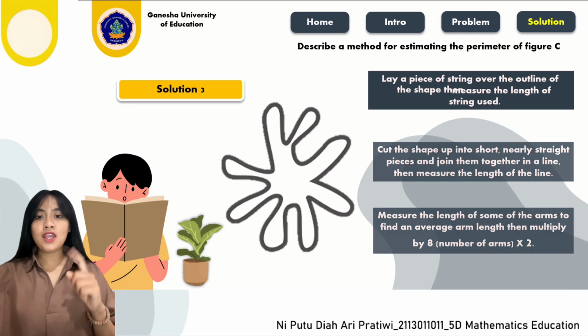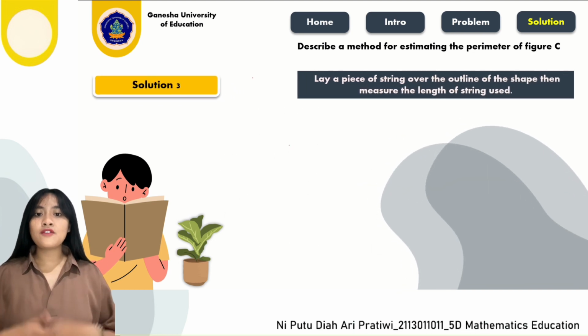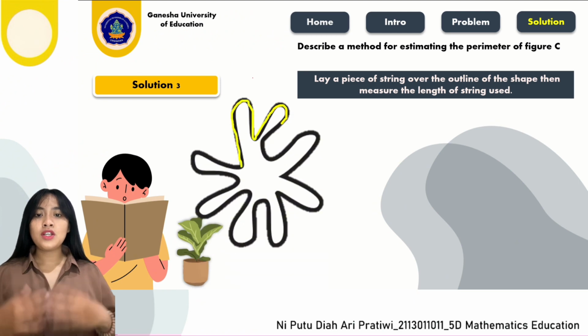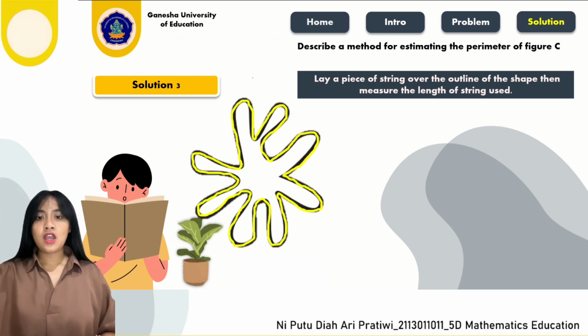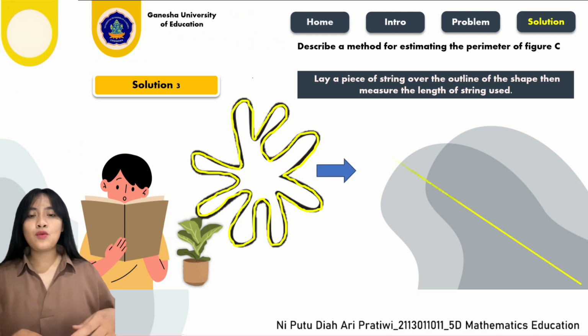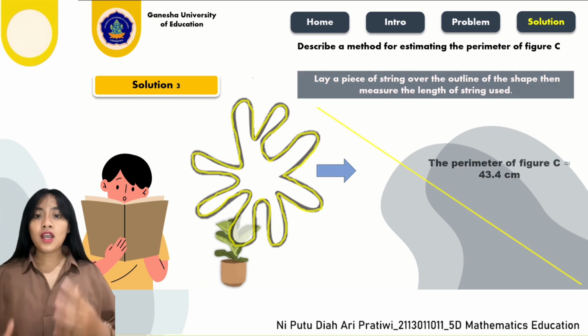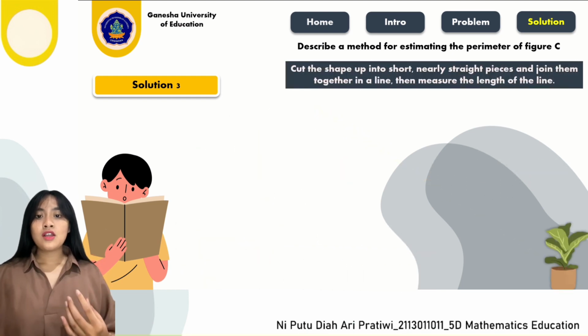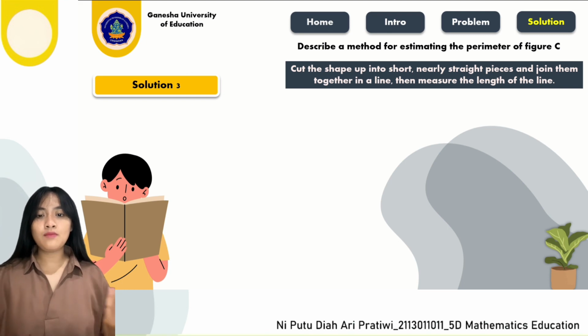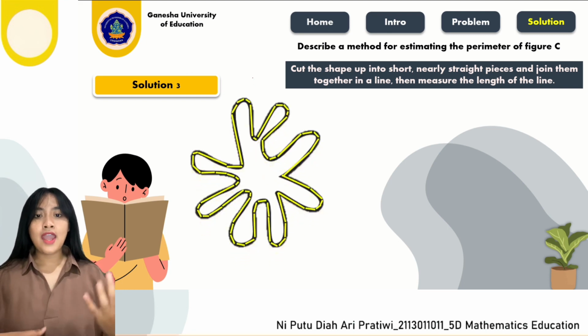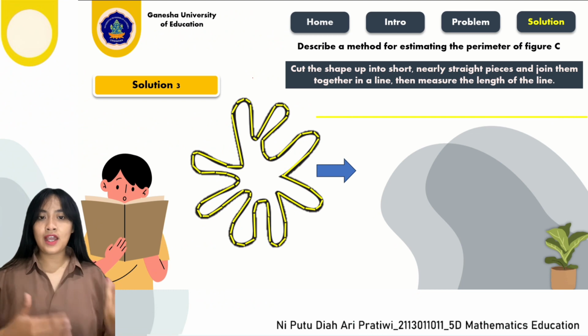The first way is to lay a piece of string over the outline of the shape, then measure the length of the string used. The second method is to cut the shape up into short, nearly straight pieces and join them together in a line, then measure the length of the line.